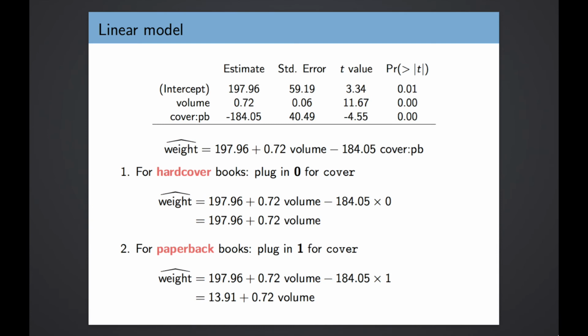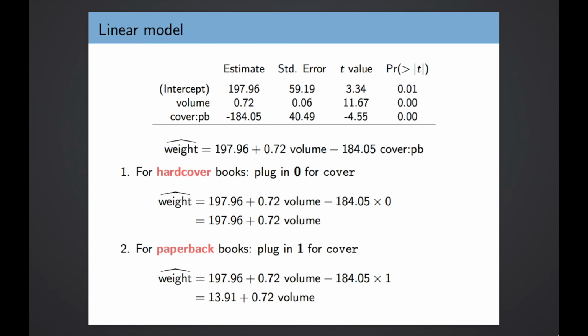When we have a paperback, that cover variable is equal to 1. So our estimated value of weight is equal to the intercept plus 0.72 times the book's volume minus 184.05. So this is indicating for us that paperback books on average are going to be weighing less than hardcover books.